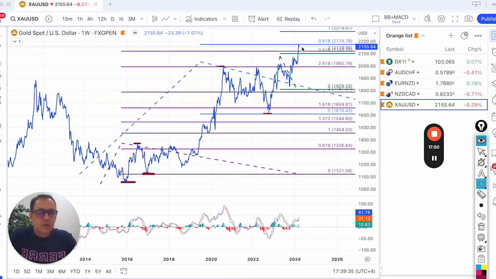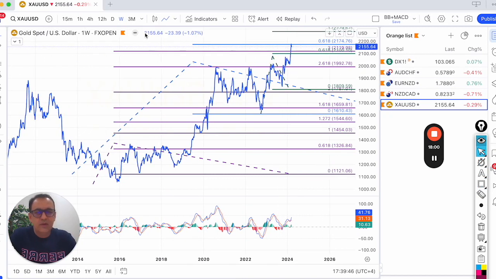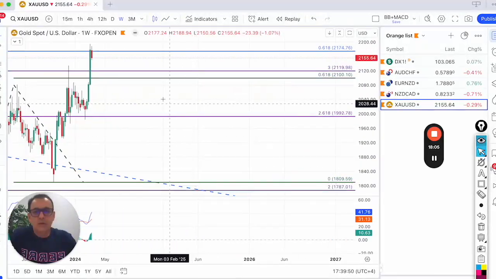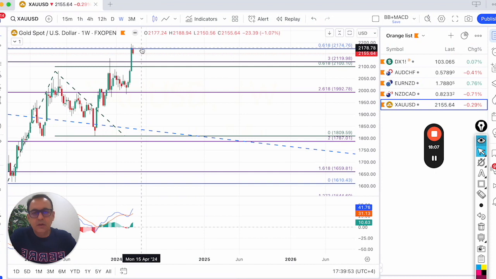So we got the confluence here, and here the extension level was 2174. In the recent weeks, price has moved precisely towards 2174. In fact, we got a short break above this level, but the price did not sustain above 2174.